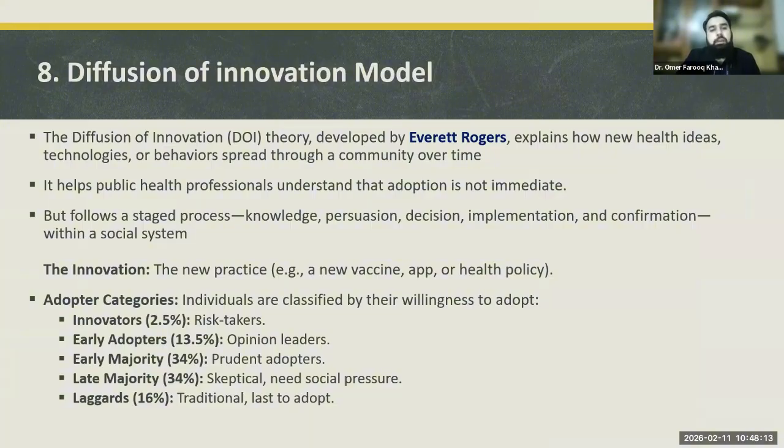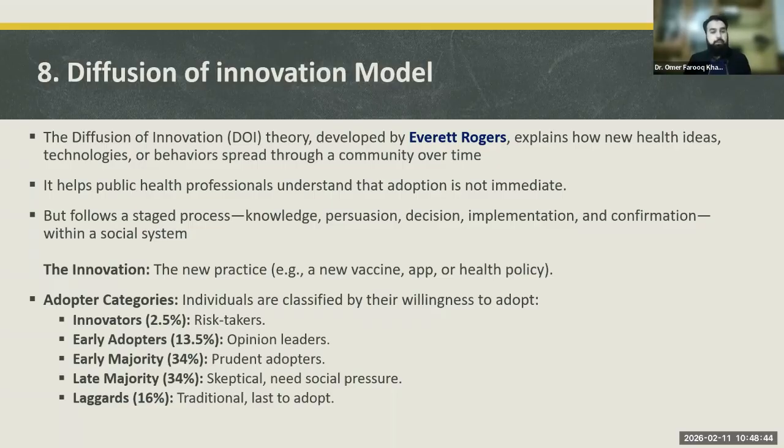It helps public health professionals understand that adoption of any new innovation is not immediate, but follows a staged process: knowledge, persuasion, decision, implementation, and confirmation within a social system. The innovation, the new practice, for example a new vaccine, a new application, or a new health policy, takes time to get accepted by the general population.